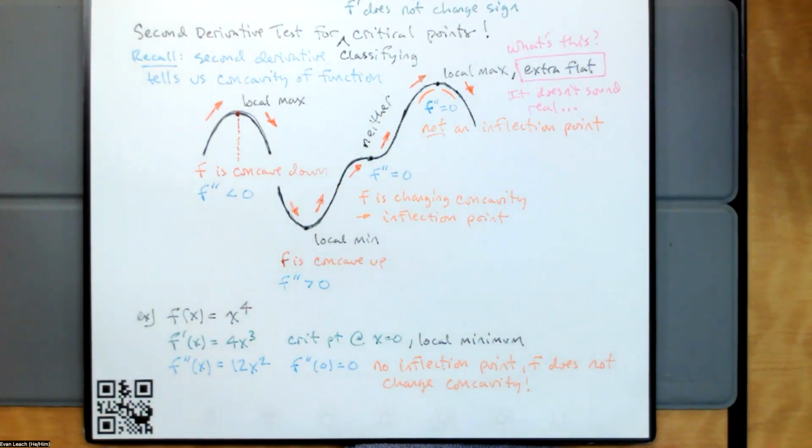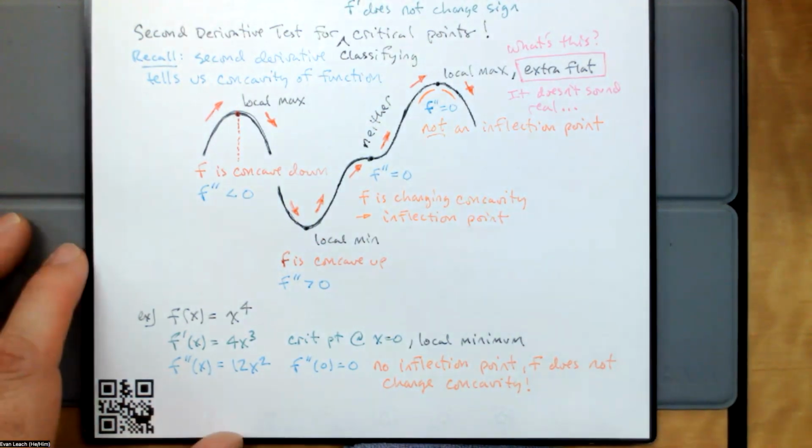So it's not an inflection point. The function is not changing concavity. What's going on is that this function is just extra flat at 0.